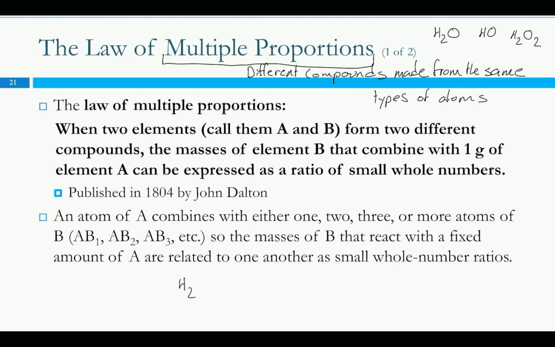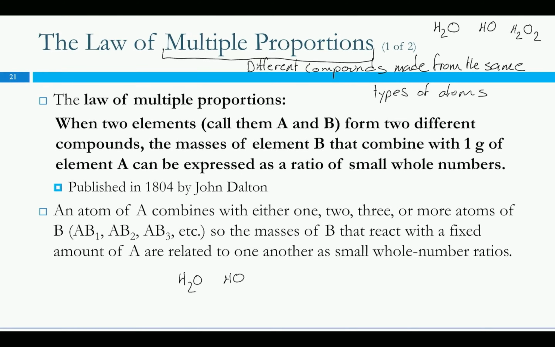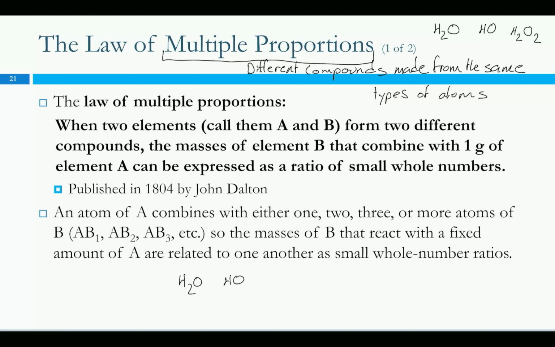Maybe you have to think through it a little bit more, but if you just look at H2O and HO, how is the mass of hydrogen in H2O different from the mass of hydrogen in HO?